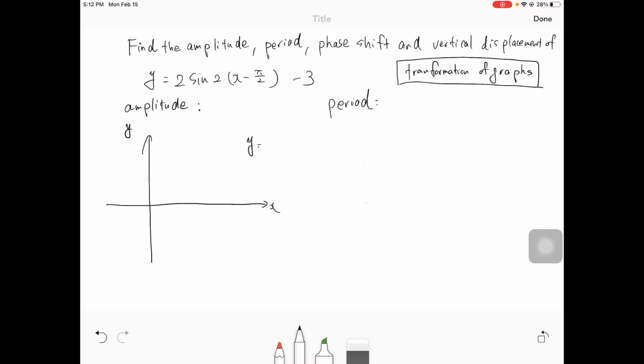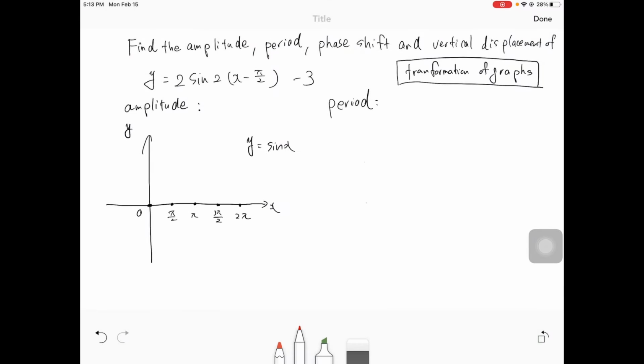Let me sketch the graph for y equals sine x. And do you know what it looks like? So to sketch the graph, I plot 5 points: when x equals 0, pi over 2, pi, 3 pi over 2, and 2 pi.